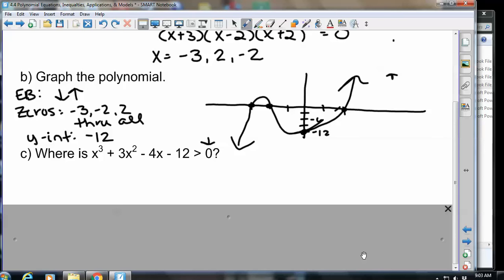Greater than 0 is just above the x-axis. So this little piece and that piece are both above. If I wanted to answer that in interval notation, this doesn't have an equal to, so we would do parentheses. The first one was -3 to -2. The second one starts at 2 and it goes forever, so that's infinity.